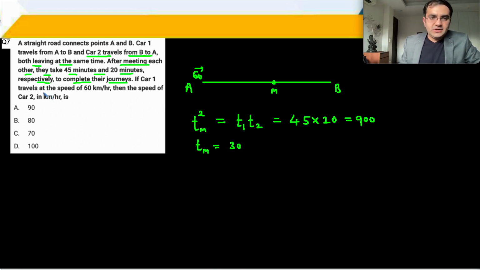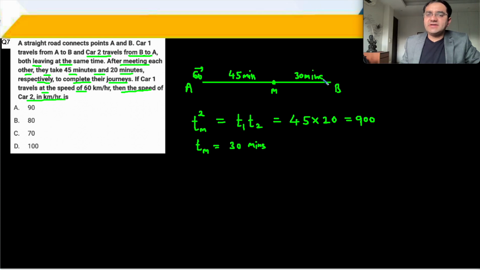If car 1 travels at a speed of 60, then the speed of car 2 is very simple. So, what is the total distance? Time of meeting is 30 minutes. So, if we talk about car 1, it has taken 45 minutes over here, and after crossing, car 1 has taken 30 minutes over here.